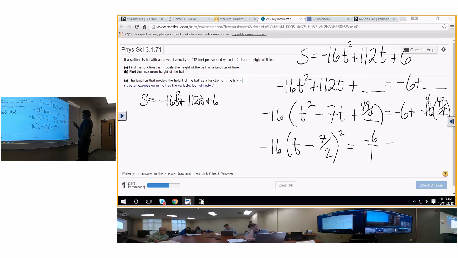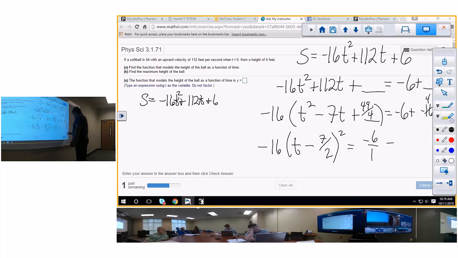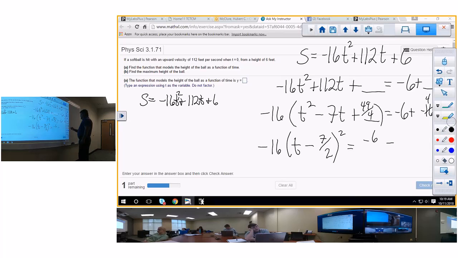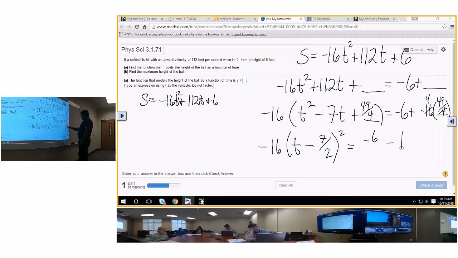And negative 4 times 50 is going to be 200. So that's going to be, subtract 4 would be 196. Yep. I'm sorry, would it not be 196? Help me out. Yep, it would be. Okay, so I don't need the fraction, so I can take that 6 over 1 out. And that's going to be negative 196.